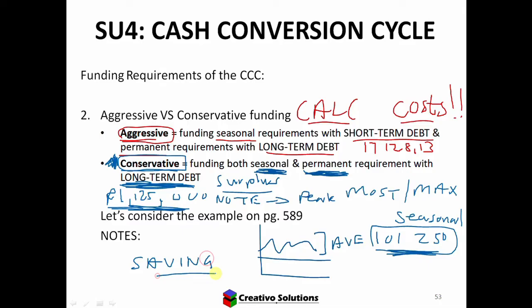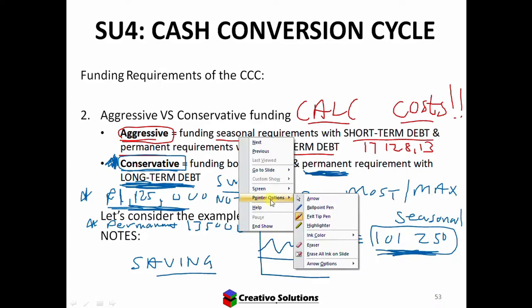So the peak was 1125, the permanent was 135, and we have a seasonal of 101,250. Those three amounts are necessary in order to calculate the assumed surplus that will be invested.